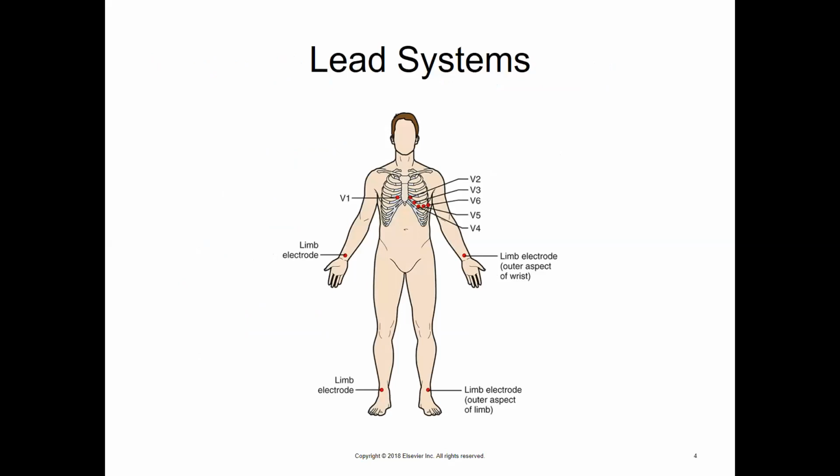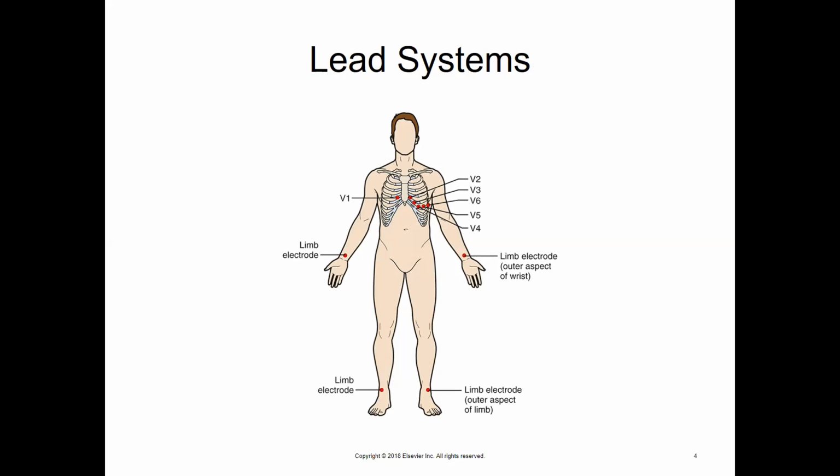So this is showing where the leads are put for an EKG. An EKG provides a graphic representation, kind of a picture of your cardiac electrical system. So one lead provides one view of the heart's electrical activity. Usually when patients have an EKG, it's called a 12-lead EKG. That's standard.